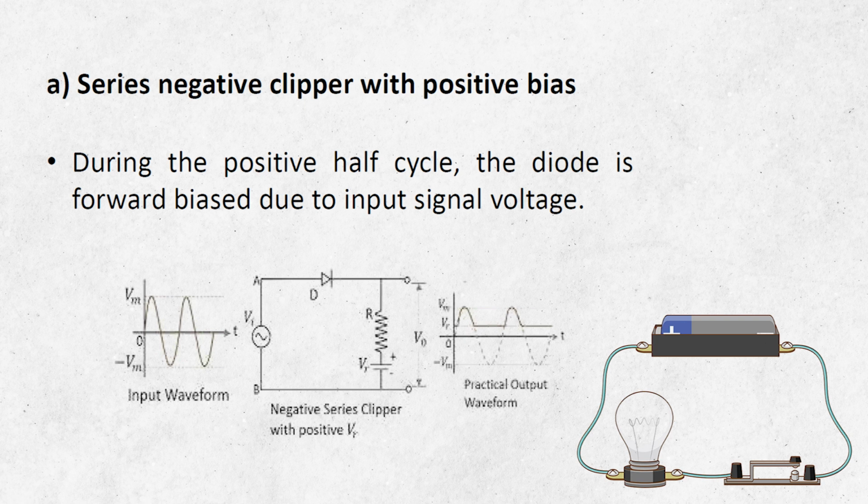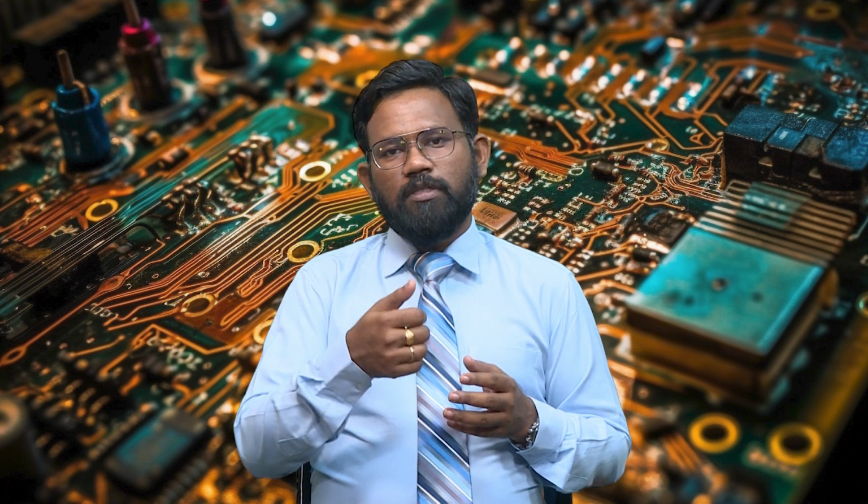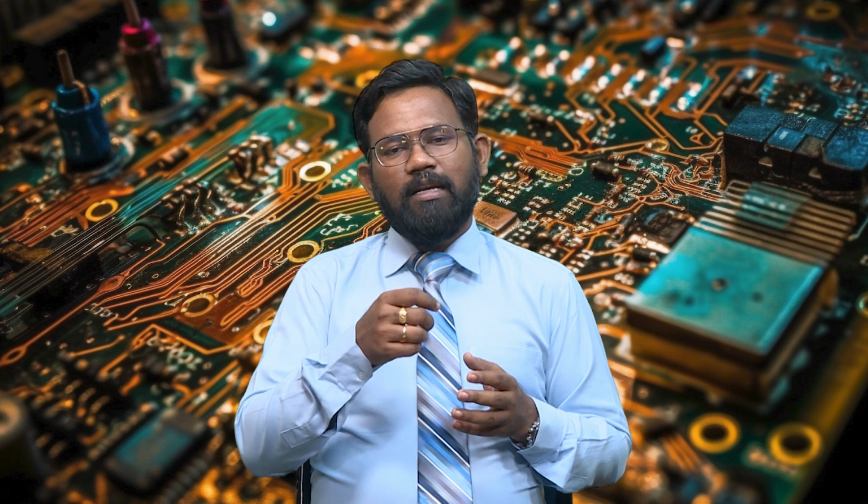The waveform shows the output: a normal negative clipper gives the whole positive half at the output, but by positive biasing we can clip some part from the positive half also. The explanation for this working can be seen in detail like this.